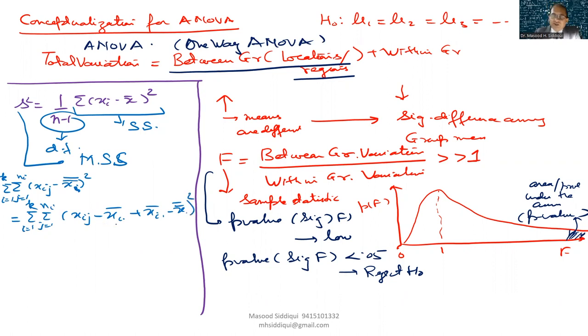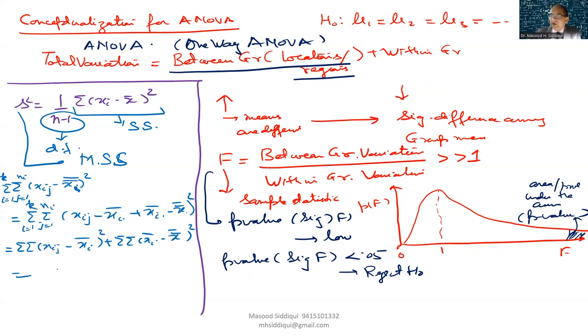So here we have introduced xi dot bar minus and plus. This xi dot bar is the mean of a particular group, a particular sample, that is i. Now if we open this, we will have the summation of xij minus xi bar whole square plus the double summation of xi bar minus x double bar whole square, and the cross product term would be 0, right?